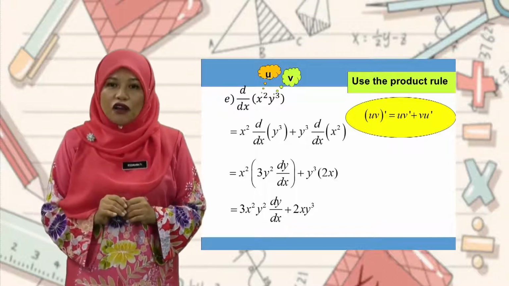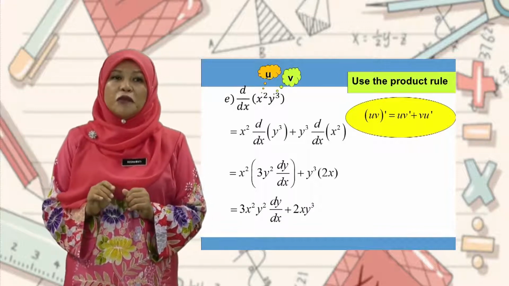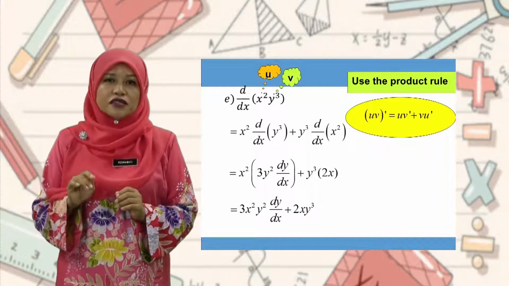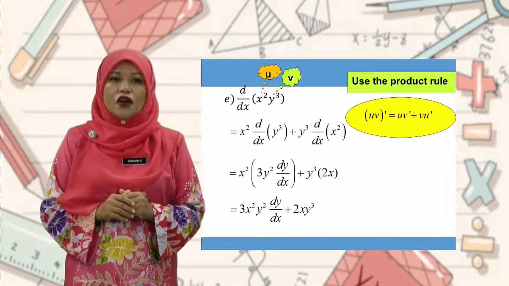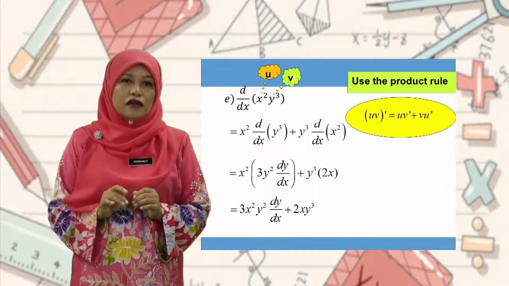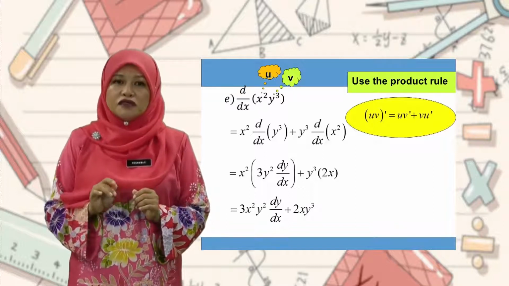Recall the formula of product rule. When we want to differentiate uv, we should have uv prime plus vu prime. In this case, we're going to treat the x squared as u, meanwhile the y cubed as v.